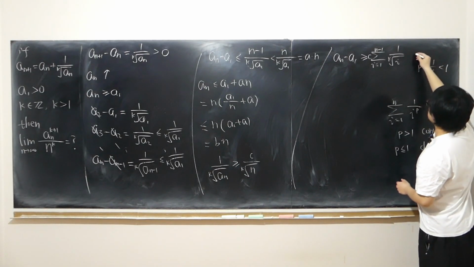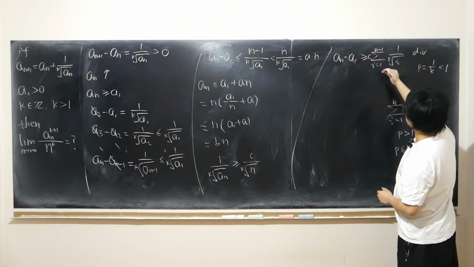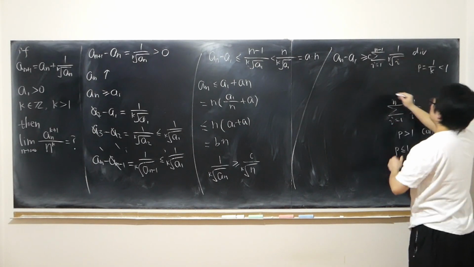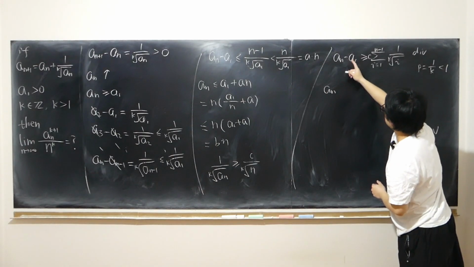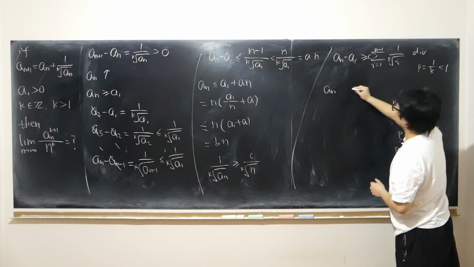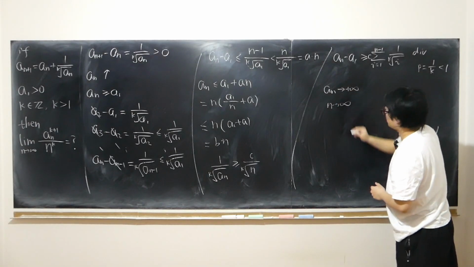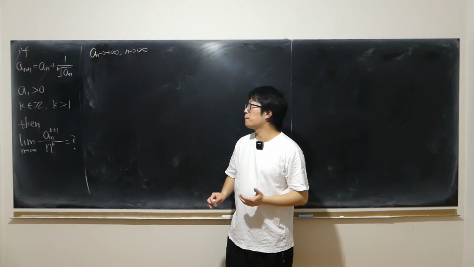So it has to be divergent. Not only divergent, but it's already greater than the harmonic series, so it has to be tending toward infinity. Just plus this a_1, it doesn't matter. So it tends toward infinity. Now we've really shown that a_n tends toward infinity.